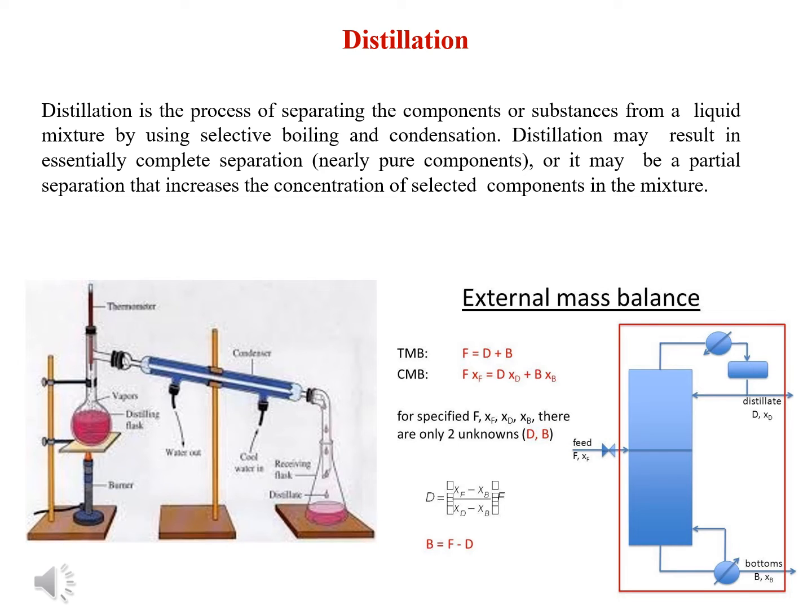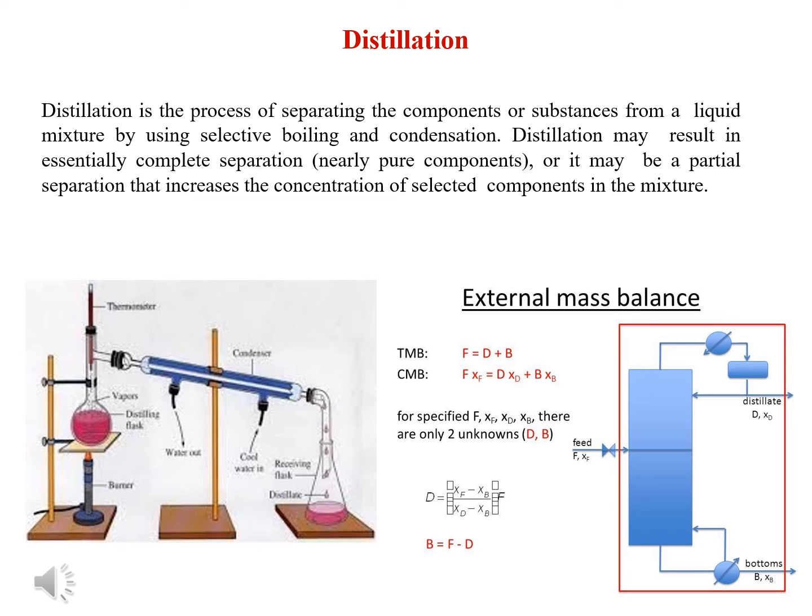At the top of the distillation we are collecting the distillate, that is the evaporated component, vapor component that can be condensed into liquid form. We are collecting it as a distillate, that is top product. The overall flow quantity of the distillate is represented as D, capital D. XD is the mole fraction of component A available in the distillate.